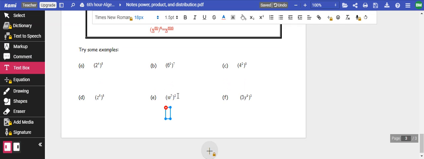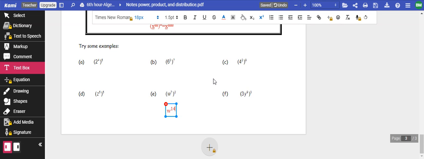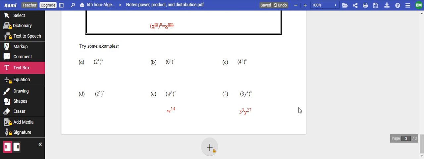W to the 7th to the 2nd would be w to the 14th. That's just my little example there. I think you can probably do all these. Let's do F real quick, because this would be 3 to the 3rd and y to the 27th, just to be clear. I will do more of these examples in class, but that is the product, distributive, and power rule.